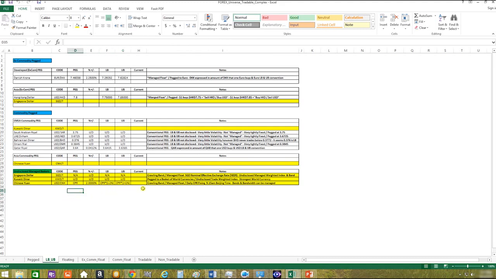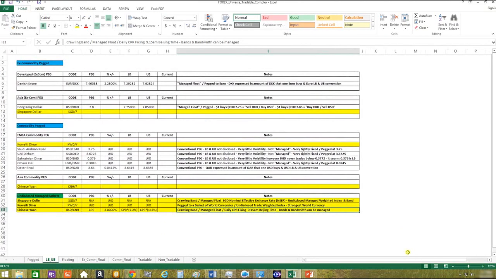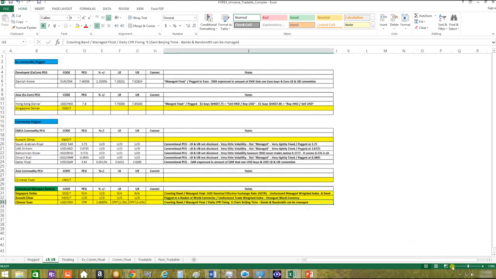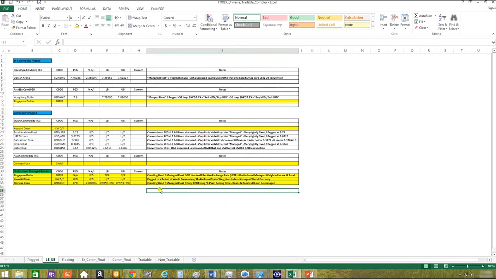You'll learn some different definitions, for example, the Chinese yuan being pegged to the US dollar with a crawling band, essentially a hybrid situation where it's a crawling band / managed float, and there's a daily fixing at 9:15 in the morning Beijing time, and the bands and bandwidth of the pegs are managed every day. So go through all of these, learn about them, and in your own time you can begin to really understand how they work.